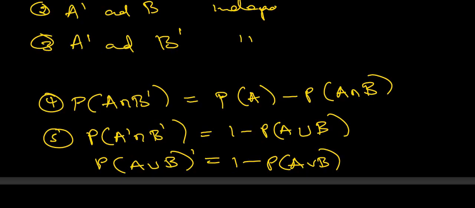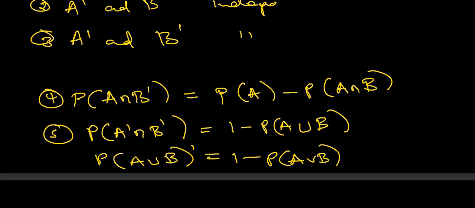Again, like I said, whenever we learn a property, we extend it to several other sets. So everything we've talked about here can be extended to a series of sets.